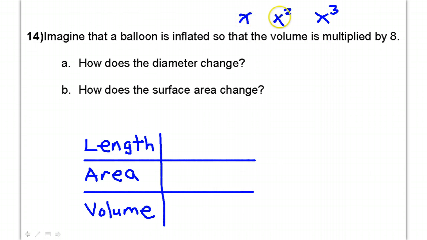Okay, length, area, volume. So focus on this one, x to the third power. That will be our expression for the original volume, but the volume is multiplied by 8, so that would make our volume be 8 x to the third power.